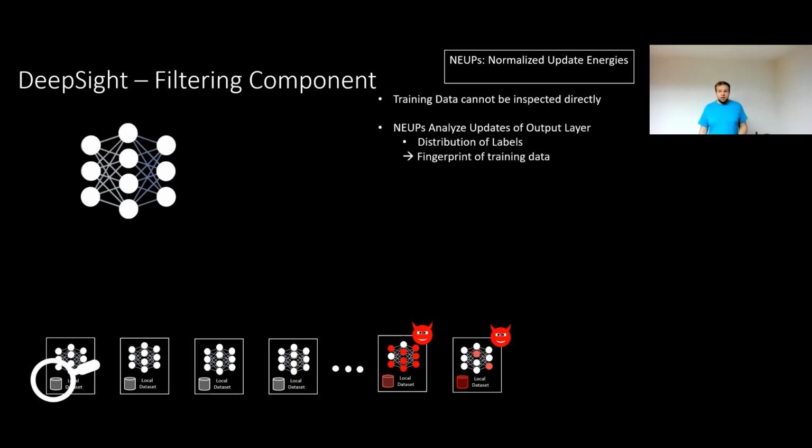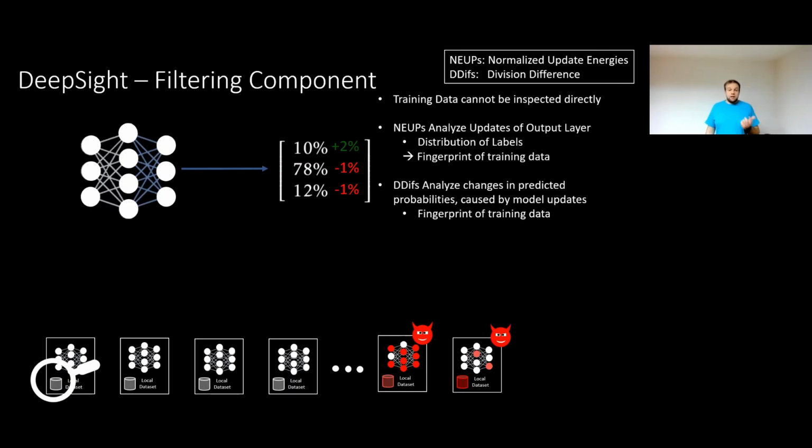The second metric that we invented takes a look at the probabilities that the neural network predicts. When it takes an input sample, it predicts for each category a probability that this sample belongs to this category. So if we train the neural network on the local data, the probabilities also change, and these changes are analyzed by the second metric, called DDIFs, for creating a second fingerprint.